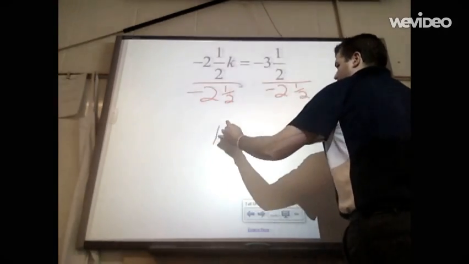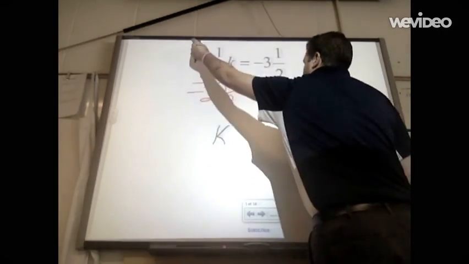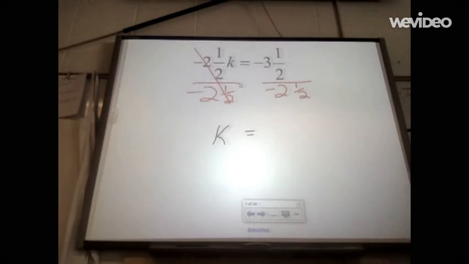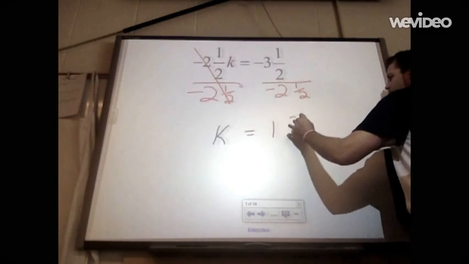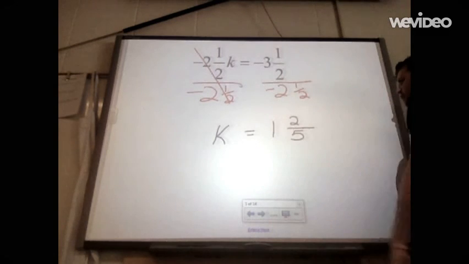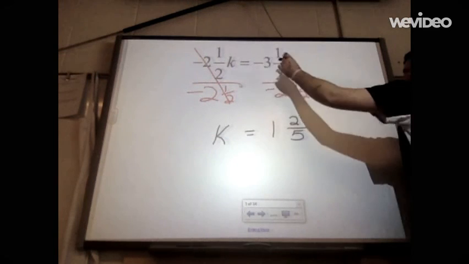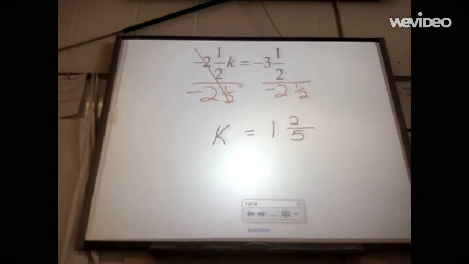We'll give you just k on the left. That cancels. What do you get for an answer? Use the fraction button. Answer 1 and 2/5. Remember, negative by negative, your answer is going to be positive. If you flip it to a decimal, you get 1.4.